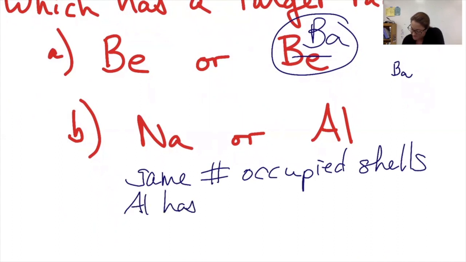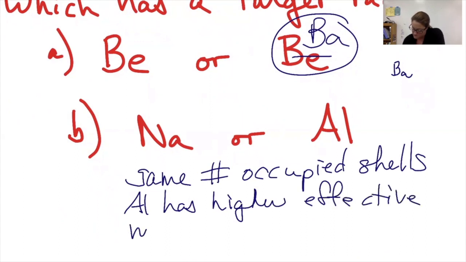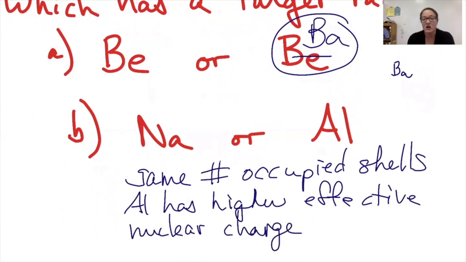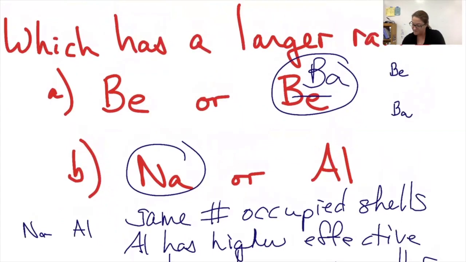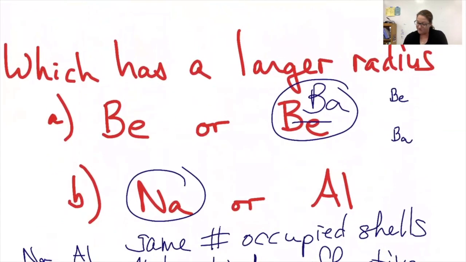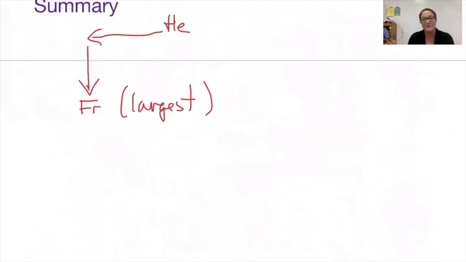Al has a higher effective nuclear charge, and when it has a higher effective nuclear charge, it can pull more strongly on the electrons, making it smaller. And if the question's asking me to choose the larger one, it'll be sodium. And indeed, on the periodic table, sodium is in the same row, but to the left of the aluminum, which follows this trend of being further to the left.